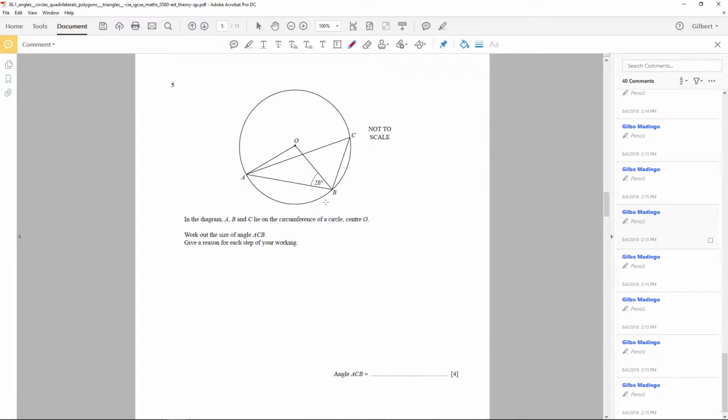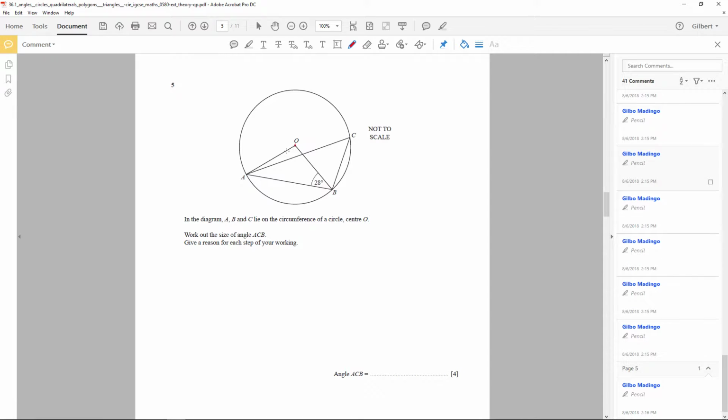Okay. Next question. In the diagram ABC lies on the circumference of a circle, center O. Work out the size of ACB. Now, in these kind of questions, you must always remember that if you are coming from center O, then these two sides will always be a radius. Similarly, like the question on top, you know that these two will share the same 2 angles here.